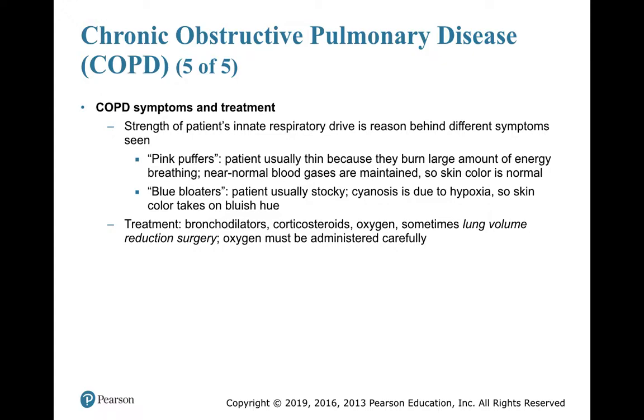The other group is blue bloaters, in which the patient's usually stocky, suffering from cyanosis, and skin color takes on a bluish hue. For both, the treatment is bronchodilators, corticosteroids, oxygen, and sometimes lung volume reduction surgery. And oxygen must be administered carefully to these patients.